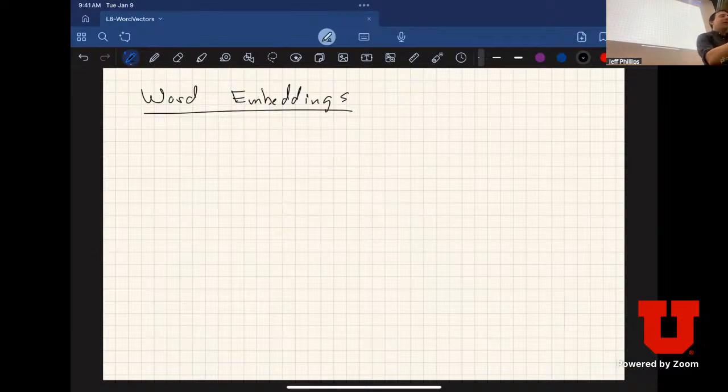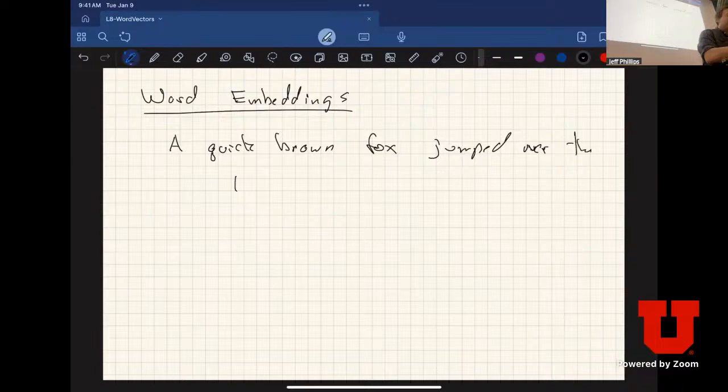Okay, the concept here is I want to somehow run machine learning on natural language. The old school way of doing this was you would start out with a sentence: the quick brown fox jumped over the lazy dog. Okay, uses every single letter of the alphabet.